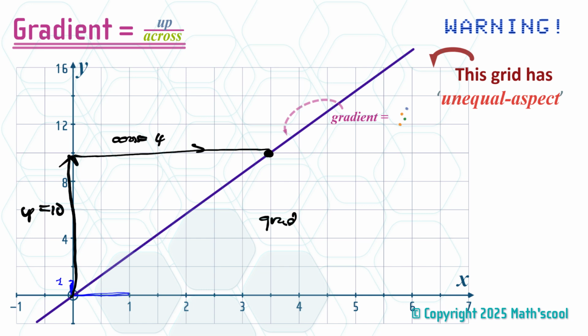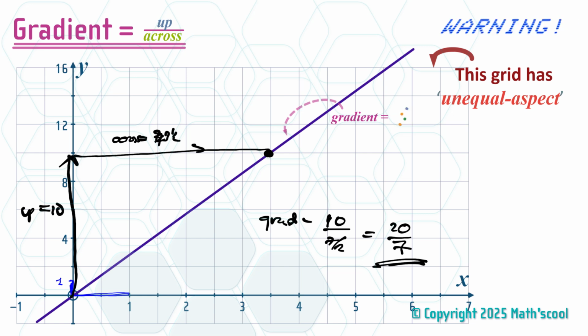So my gradient is up over across, 10 over 4, which will cancel down to being 5 over, oh, it's not 4, it's 3.5. My mistake. So it's 10 over 3.5, which is 10 over 7 over 2, which is 20 over 7, is the gradient of that line.